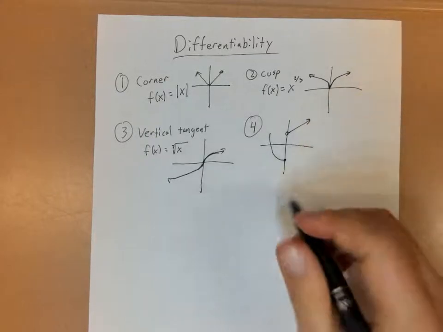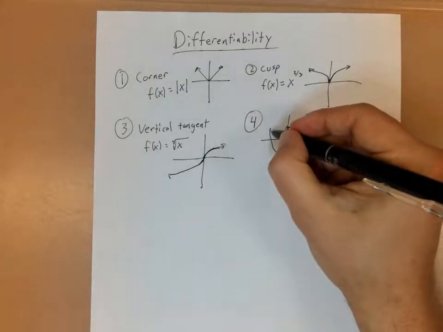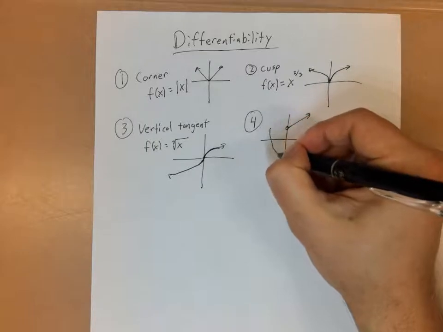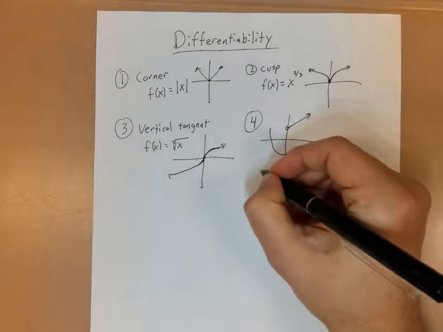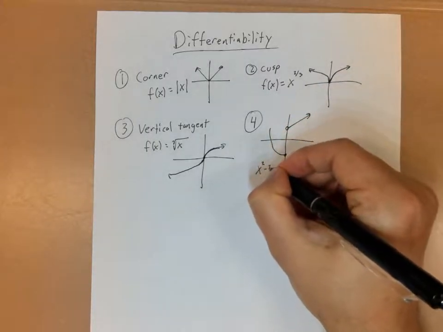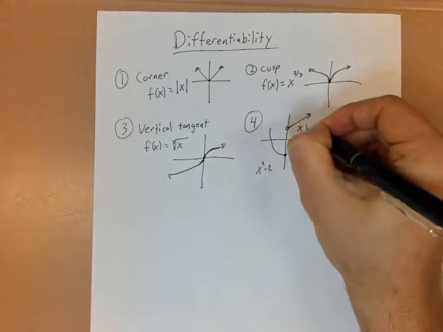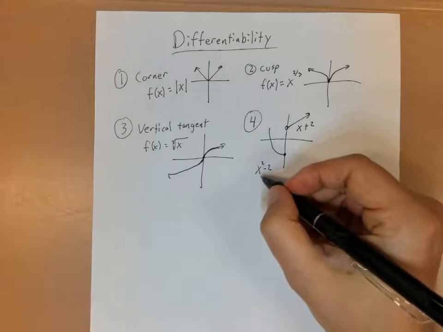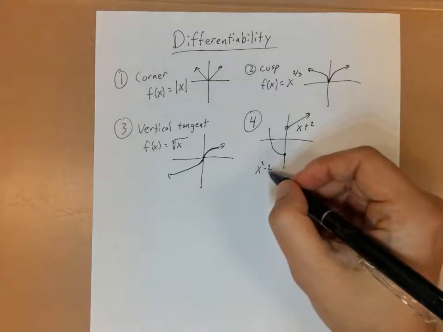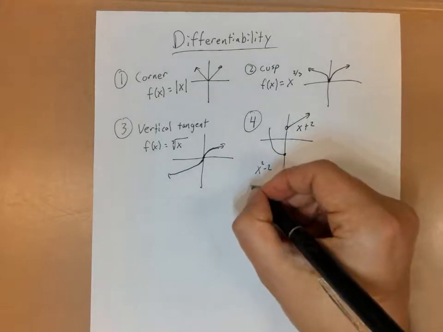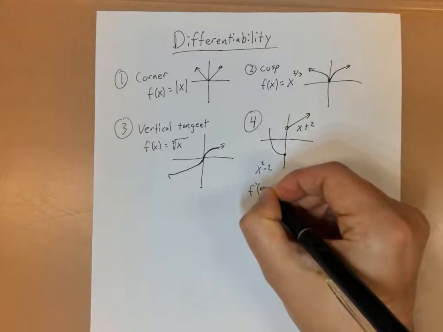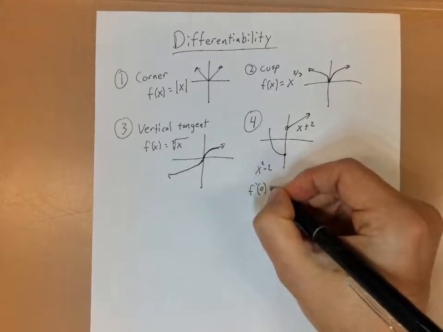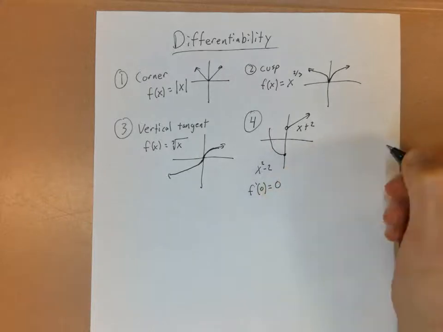And again, if you think about the slope here, as I go from the left, let's actually use the equation here. So we had x squared minus 2. This will be x plus 2. If you were to use the limit definition of a derivative, or if you know the shortcut, you could use the shortcut. The derivative at 0 for this equation would equal 0.